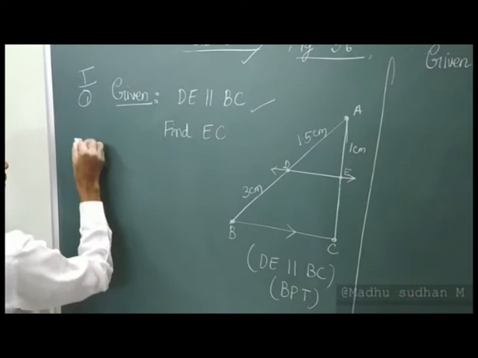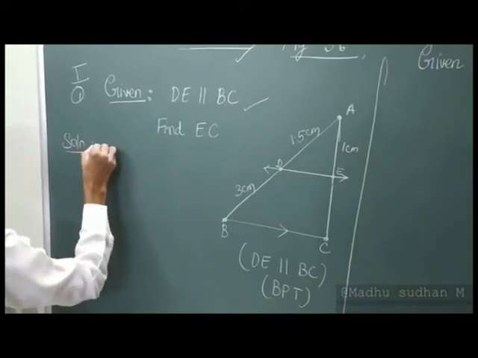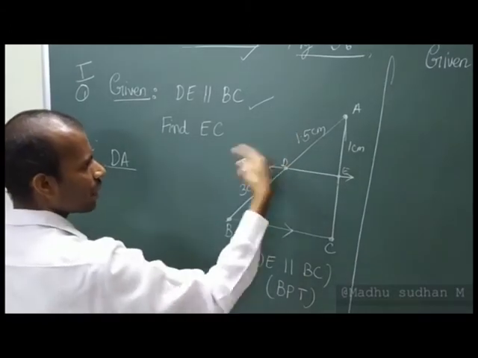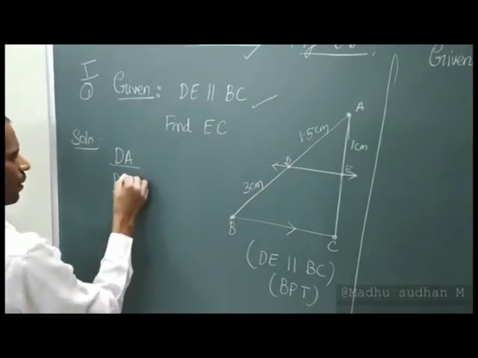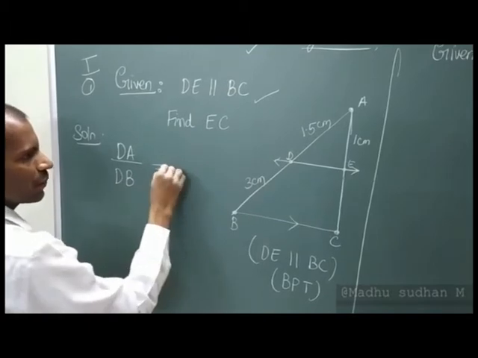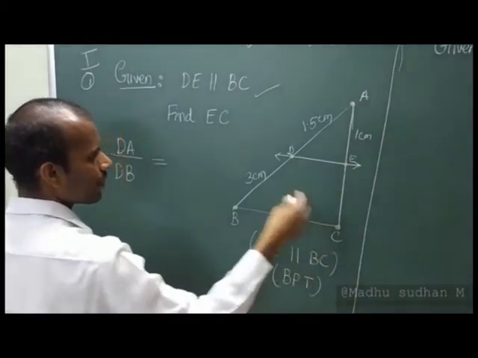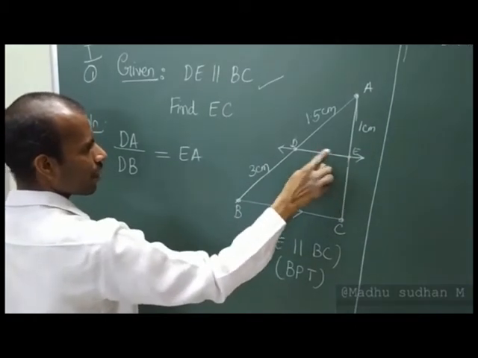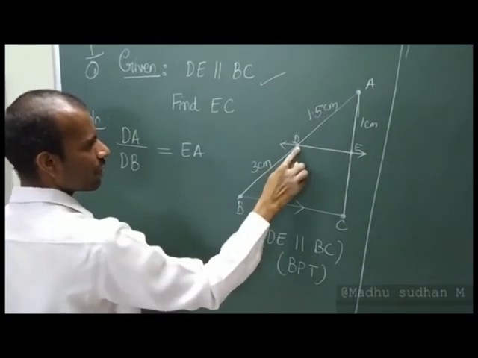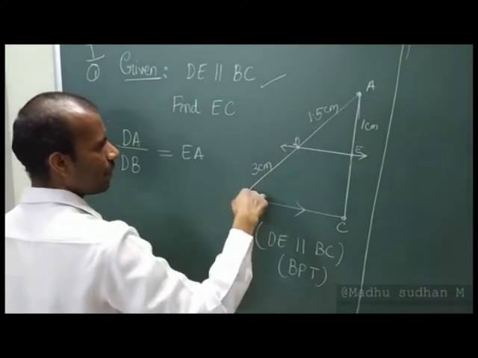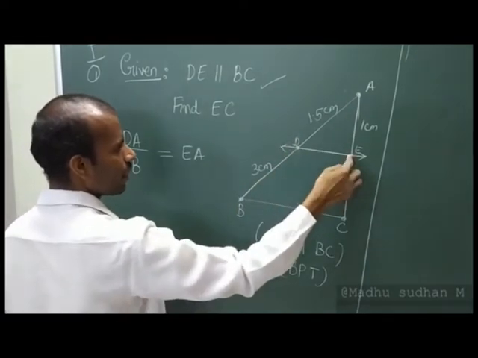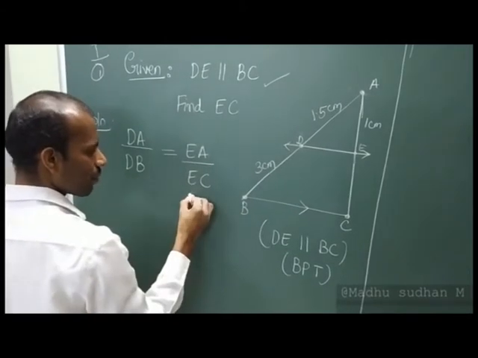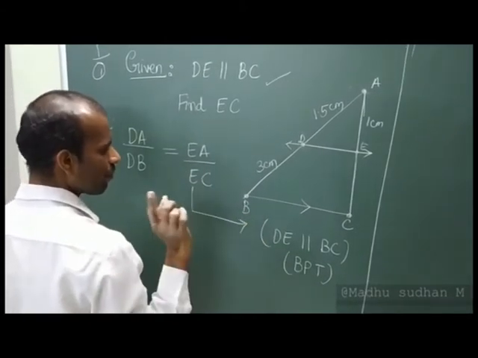So let me write the solution. DA by the upper part by the lower part DB, which is equal to EA by EC, corresponding vertex. So for AB we started with D, DA, DB. So the corresponding is E now, EA by EC. So this is my BPT.